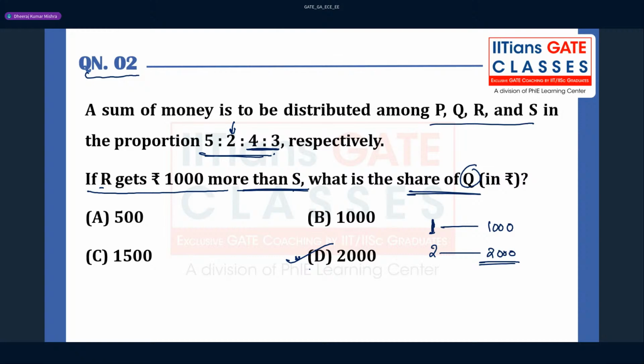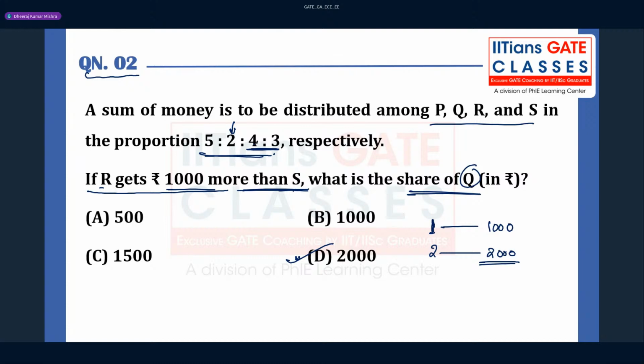The logic we have used here is that you don't have to take x or any kind of variable. Since they have given a sum of money to be distributed among P, Q, R, S, and said that R gets 1,000 more than S, it means the difference between the shares of R and S is 1,000.